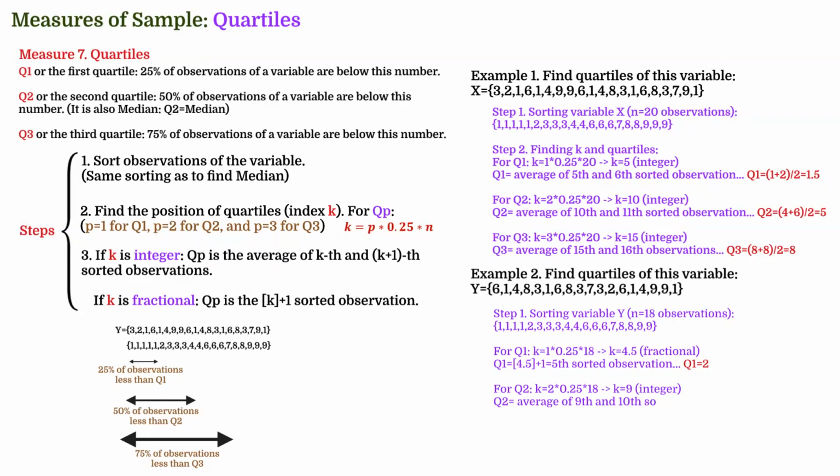Q2 is the average of the 9th and 10th sorted observations, which is the average of 4 and 4, which is 4. Q3 is equal to 3 times 0.25 times 18, which is 13.5, fractional. So Q3 is the integer part of 13.5 plus 1, which is 14. The 14th sorted observation is Q3, which is 7.